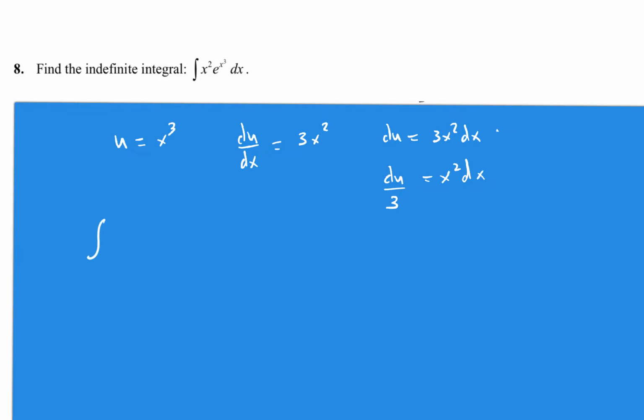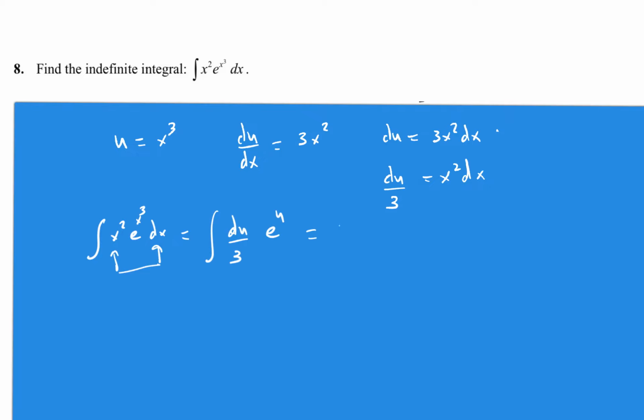The integral of x squared e raised to the x cubed dx will be, what is x squared dx? x squared dx is du divided by 3. And what is e to the x cubed? It is e to the u.